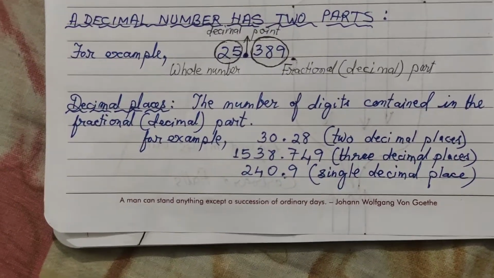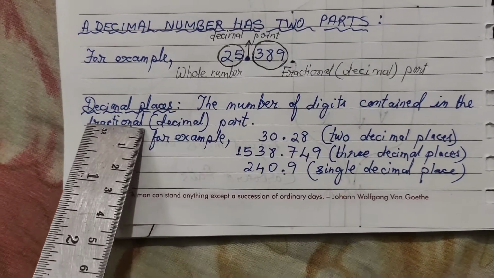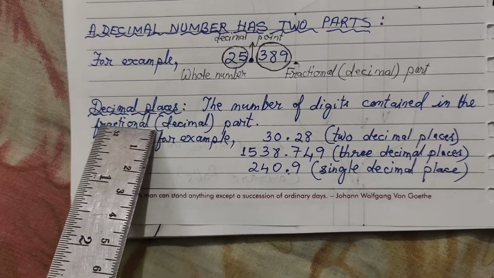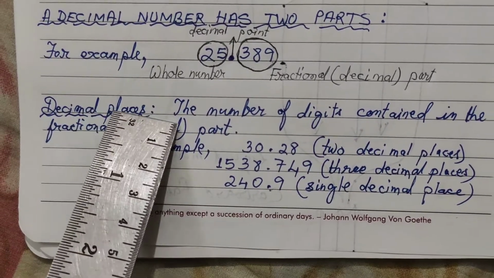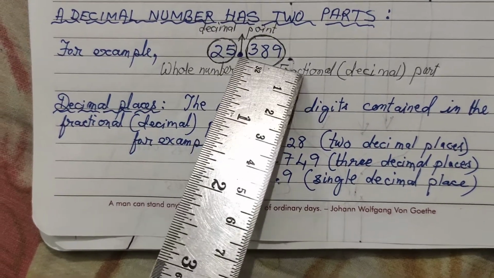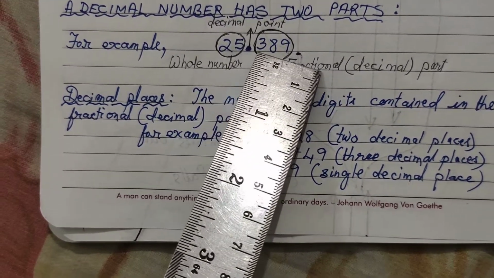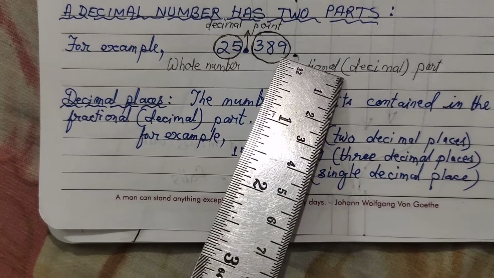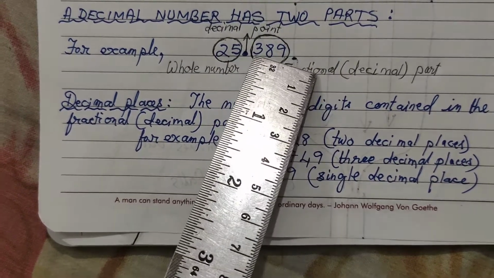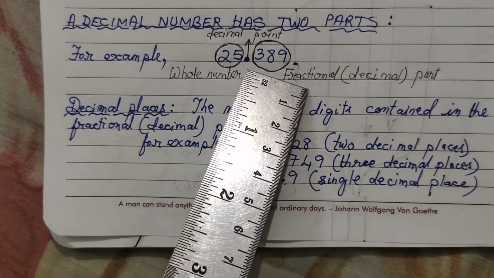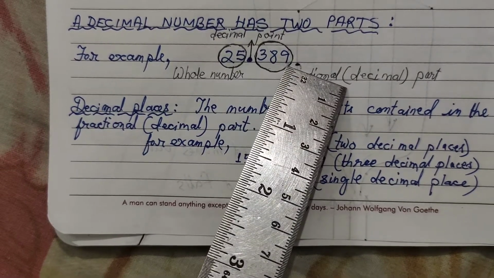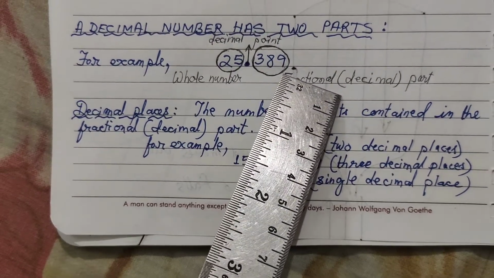The next thing that you need to know about decimals is decimal places. Decimal places means after the decimal point, how many digits are there. That is known as decimal places. For example, in this particular example, after the decimal there are 3 digits, so it has 3 decimal places.